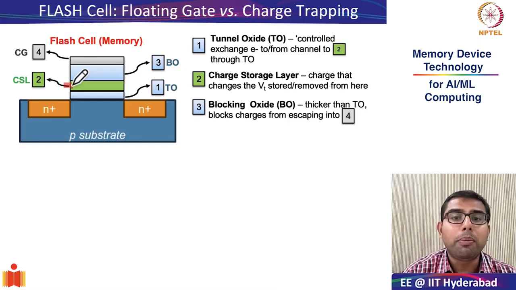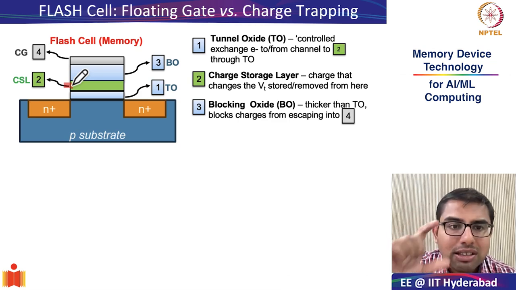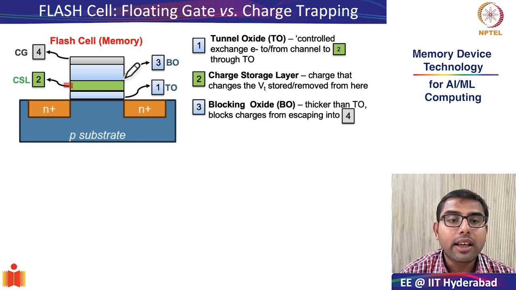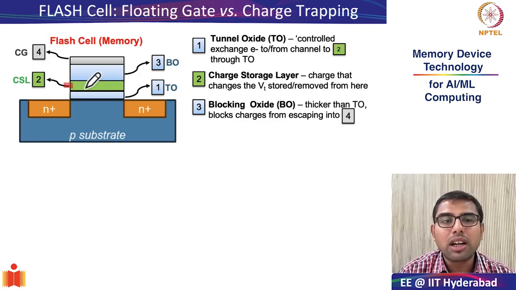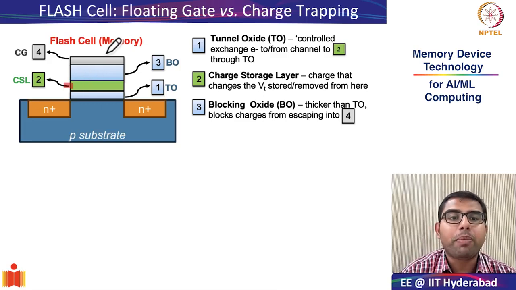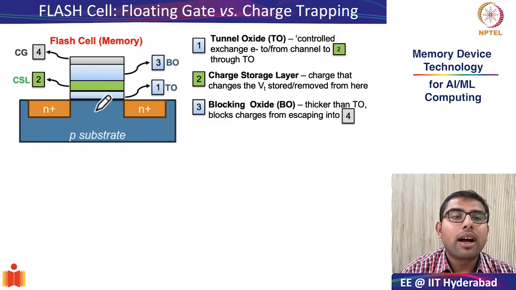As the name suggests, the blocking oxide is a slightly thicker oxide compared to the tunnel oxide. The objective of the blocking oxide is that the charges stored in the charge storage layer do not escape to the control gate. They should only interact with charges that are put inside the storage layer or extracted from it.